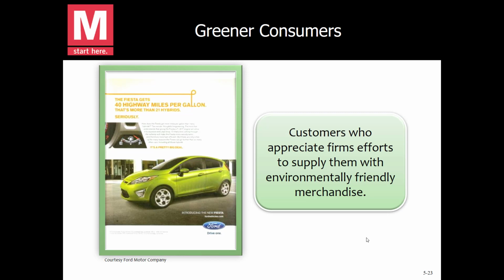Another example is Frito-Lay, which uses solar power at one of their factories to harness the sun's energy to produce its products. So firms these days are taking extra effort to supply their consumers with more environmentally friendly products.